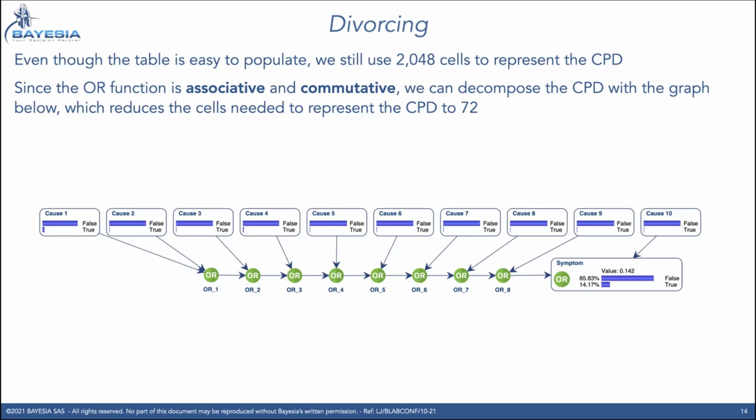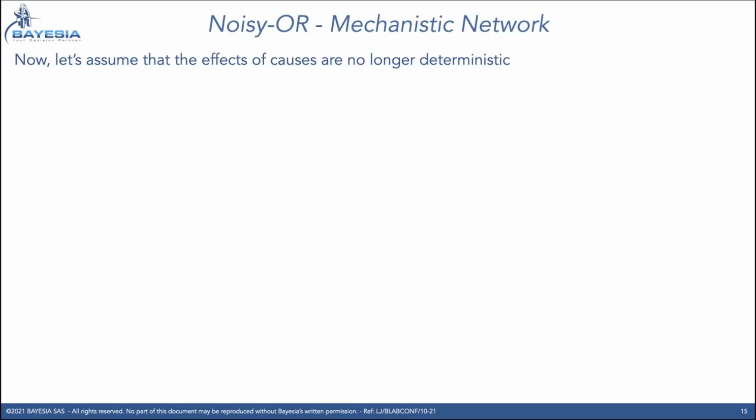Then I'm computing a second OR by using the first one and the third cause, and so on and so forth, right? So by using divorcing, I'm reducing the representation of this conditional probability distribution. Now I just need to represent 72 probability distributions, right? So it's a huge reduction.